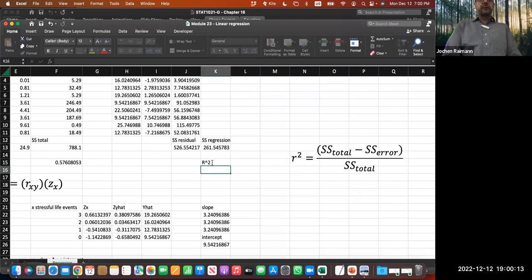So R squared equals 261 divided by the total variability of 788. That gives us an R squared of 0.33. So again, this is the proportionate reduction of error of the overall scatter plot. This is what you're explaining now by employing this bivariate regression model.